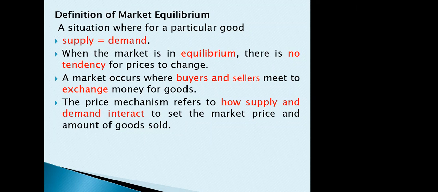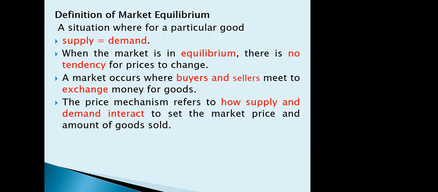If your supply and demand are equal, at that time you should stop producing more. So market equilibrium is the situation where the supply and demand of a particular good are equal.